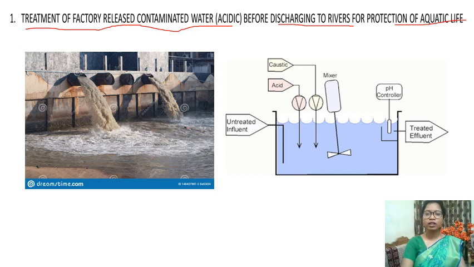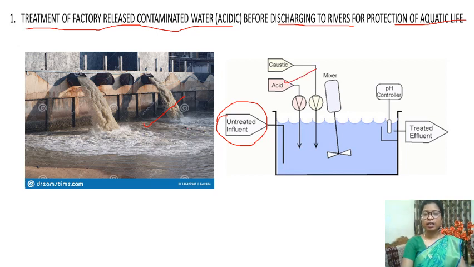So how is it done? You can see the water is so dirty, so contaminated, full of different kinds of metals and harmful things. These are called untreated effluent, or influent.